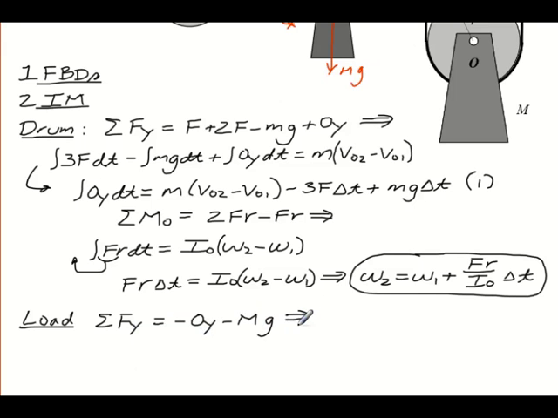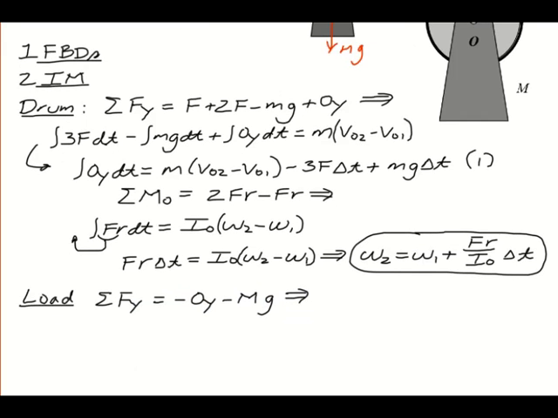So if I integrate that in time, I get minus integral of OY dt minus mg delta t, and that's equal to mass of the load, VO2 minus VO1, as that. So this was my equation 1 up here.